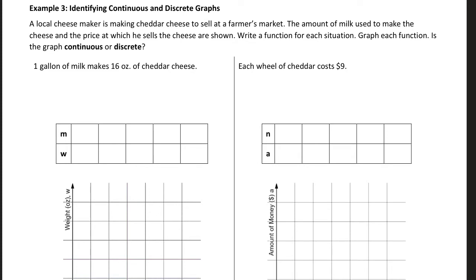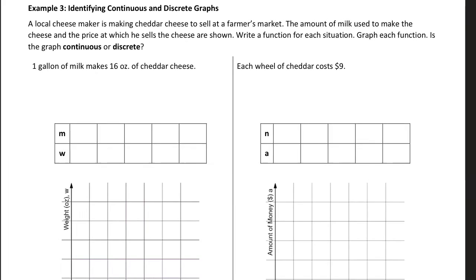So the first situation we're going to focus on: 1 gallon of milk makes 16 ounces of cheese. So the 16 ounces of cheese I make depends on the gallons of milk I use. So the input is going to be gallons of milk. That's why I used M. And then W is the weight of the cheese.